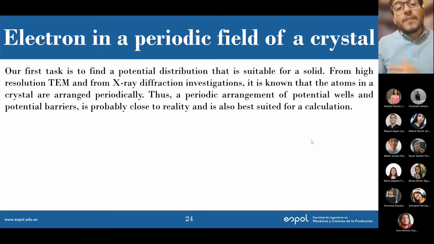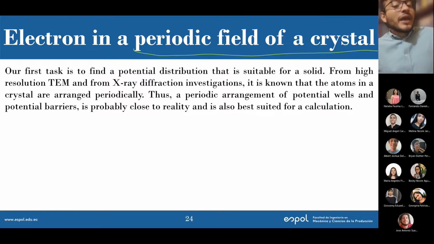In this new sub-module, it's titled Electron in a Periodic Field of a Crystal. When you see this periodic field of a crystal, and I already mentioned that this is the case of the solid state, why do you think the solid state is a periodic field of a crystal?